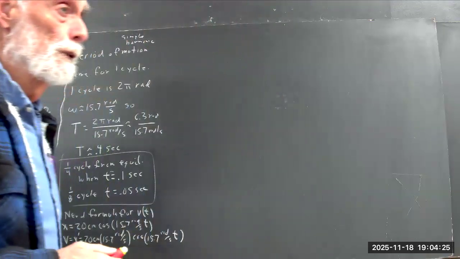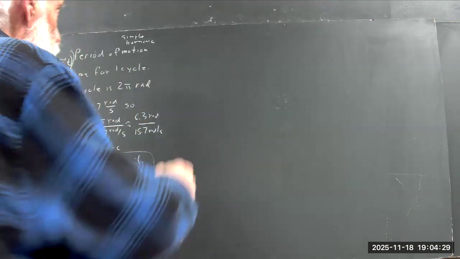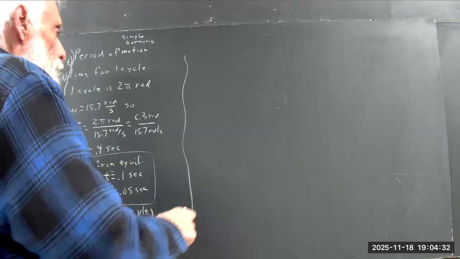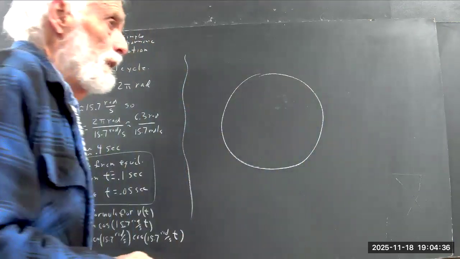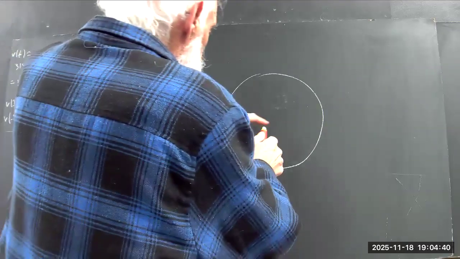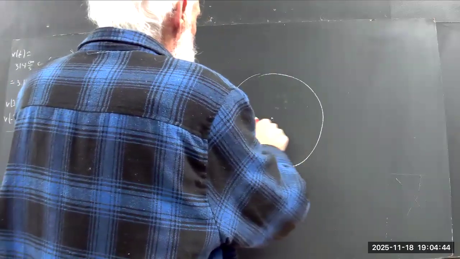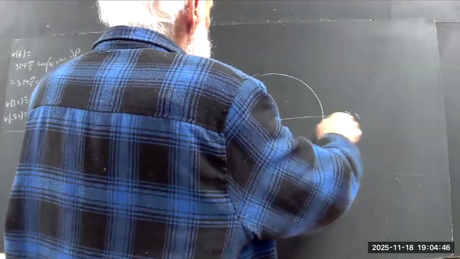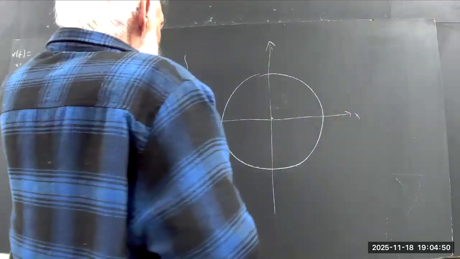Now I want to give you the unit circle picture of simple harmonic motion, which kind of summarizes a whole lot of stuff. Okay, I wasn't trying to draw a good circle. I just let my arm do it, and I actually came up with a fairly good one. Here's the x-axis. Here's the y-axis.